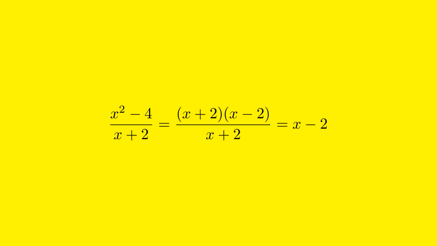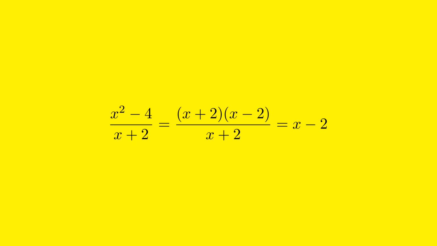Step 3 in solving the problem: reduce the rational expression x squared minus 4 divided by x plus 2 involves verifying our simplified result from step 2. In step 2, we simplified the expression x squared minus 4 divided by x plus 2 to x minus 2 by cancelling the common factor x plus 2 from both the numerator and the denominator.